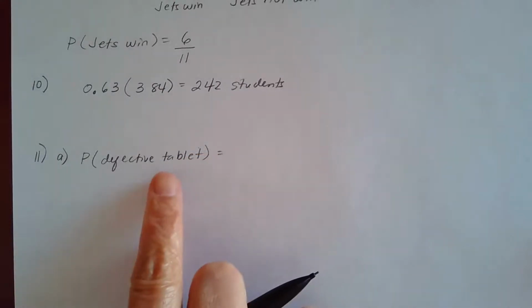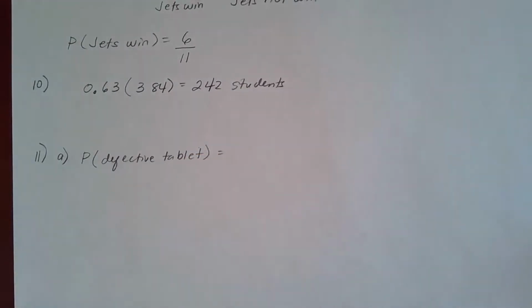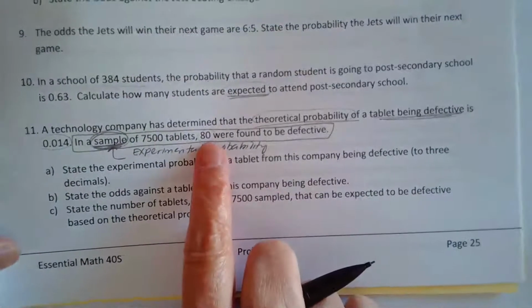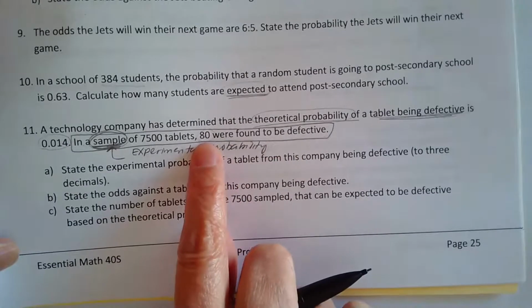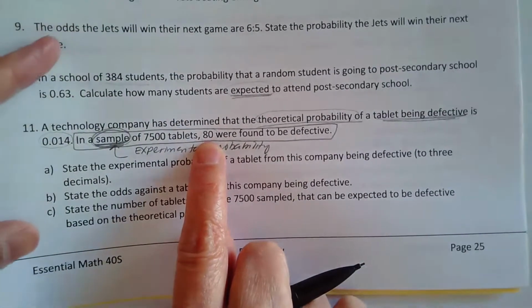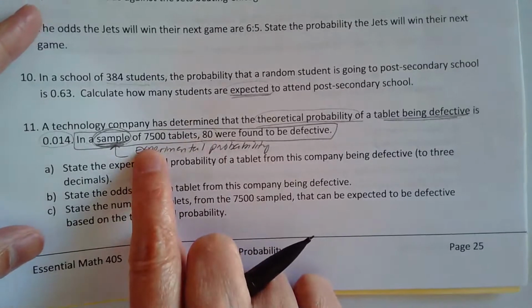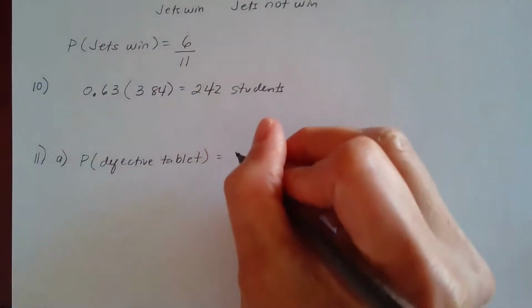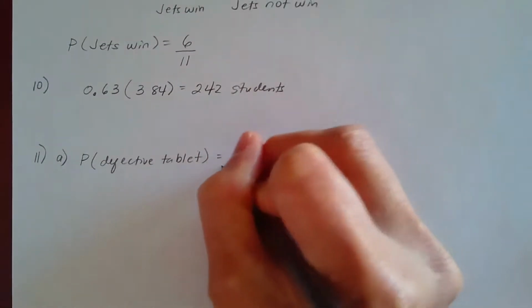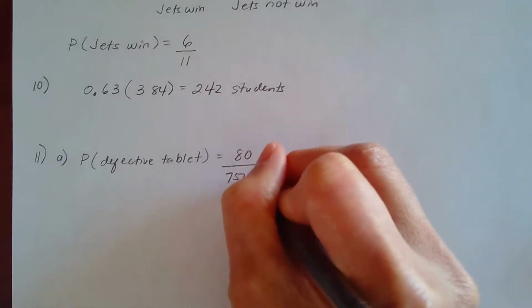Now because we're talking about experimental probability, we're going to look at how many are defective that they found. 80, so it's 80. How many are all together? 7,500. So it's going to be 80 out of 7,500.